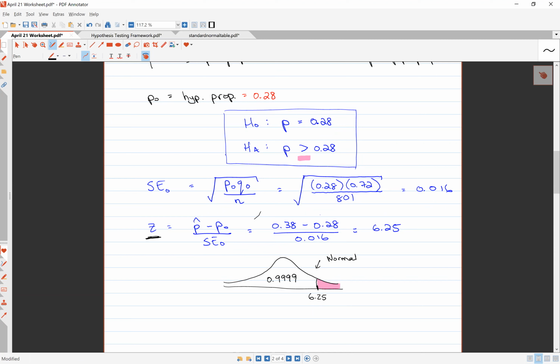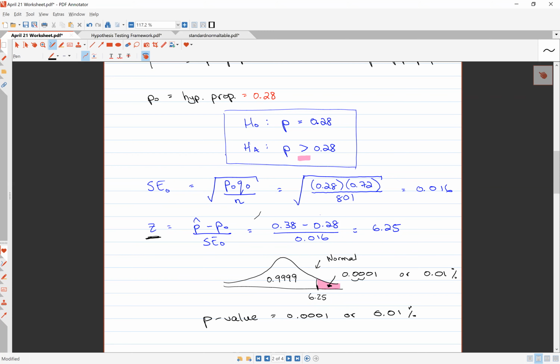That'll be the area to the left, and so to the right, I have 0.0001. Or if I multiply that by 100, it's still 0.01%. That's my p-value. My p-value is 0.0001 or 0.01%.